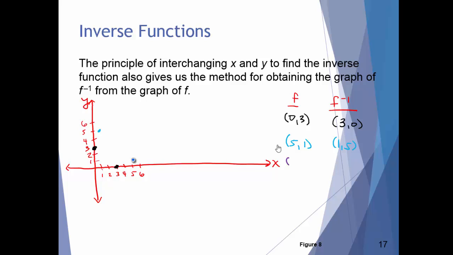Notice, though, what starts to happen when you start looking at points like (2, 2). When you switch the x and the y, it's still (2, 2). So you have this point here that when you look at both the point and the inverse of that point, it's in the same spot. It doesn't change. The same thing would happen if you had a point on there of, let's say, I don't know, (4, 4). Okay, when you look at its inverse, it's still (4, 4).